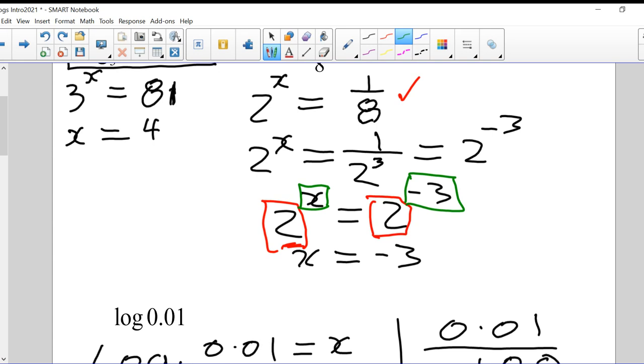An equation means that the left is equal to the right, exactly equal. So if the red boxes are the same, the green boxes have to be the same, so we can simply say that x must be equal to minus 3. That's the equation that's implied from the previous line. I can just make the exponents equal to each other. So far, so good? Hunayn, does that logic make sense to you?